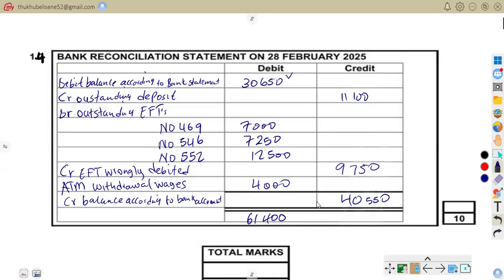And on this side, when you add 11,100, 9,750, and 40,550, you are going to get 61,400. So it means this does balance. It means we got it right.